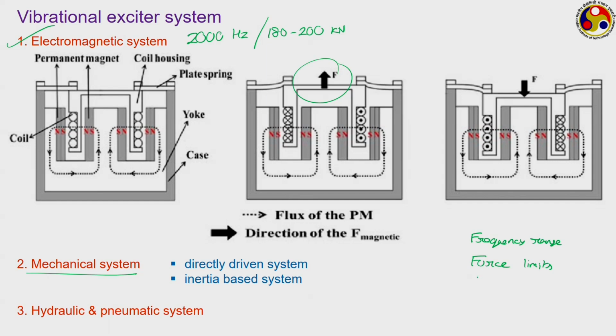The presence of magnetic fields is another area. An electromagnetic shaker requires a relatively very intense magnetic field, so we have to be very careful. This is applicable only for the electromagnetic one, because the magnetic field is not there in the other two.